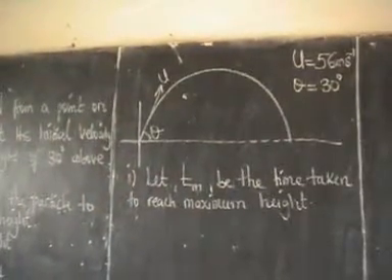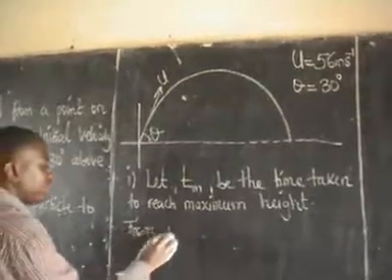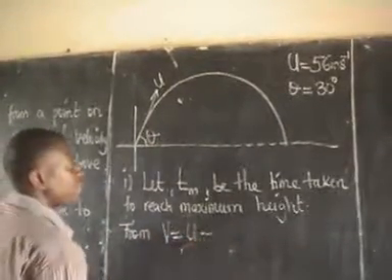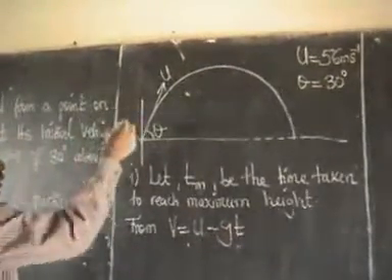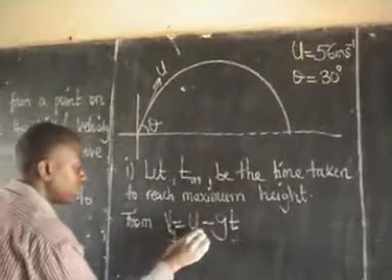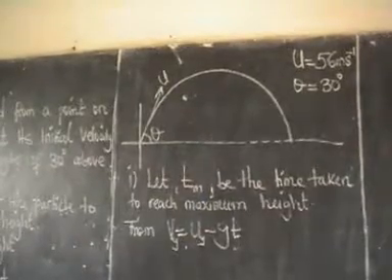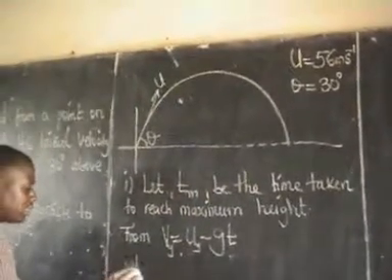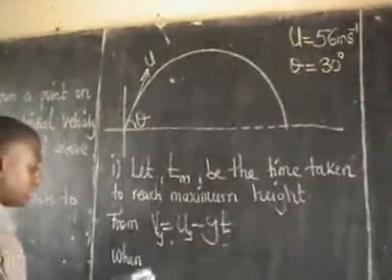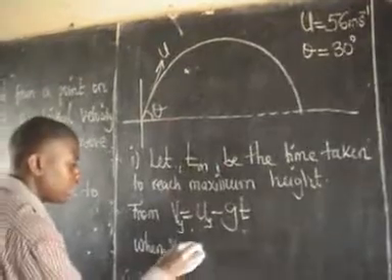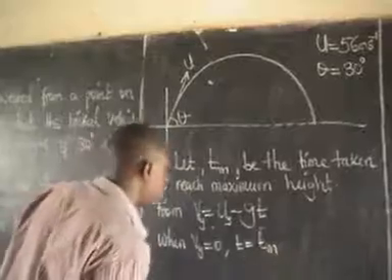In this case, I'm going to use my first equation, V is equal to U minus GT. For motion along the vertical, I put y to represent that I'm dealing with motion along the vertical. For maximum height, that is when Vy is equal to 0.